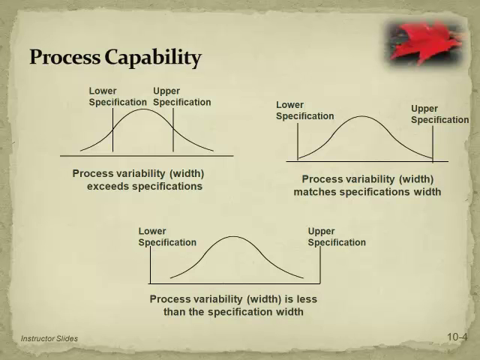So this slide shows three different normal distribution curves, and on each one we see two horizontal lines, and those represent the specification limits for what we are measuring. So we're going to be measuring something that's going to tell us whether or not we're doing a good job.